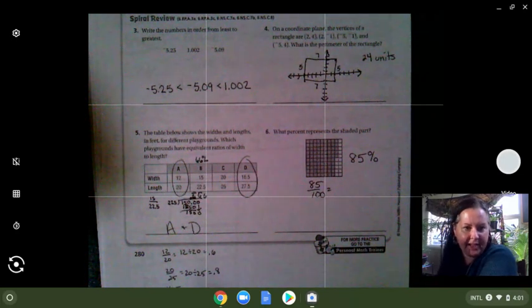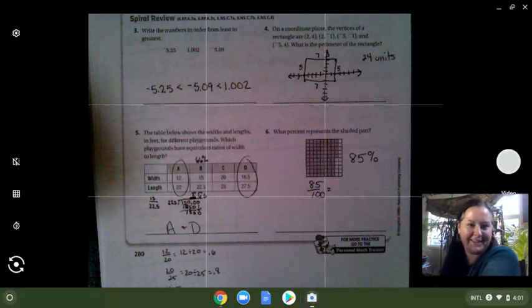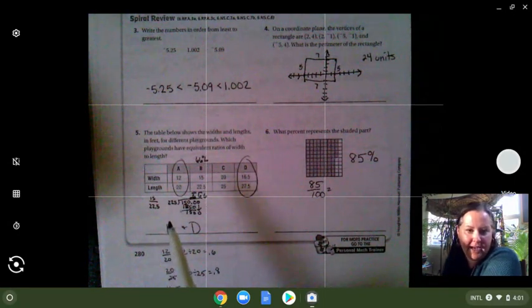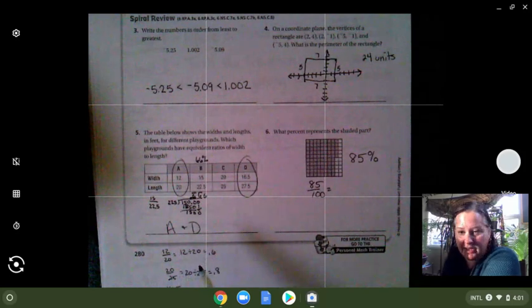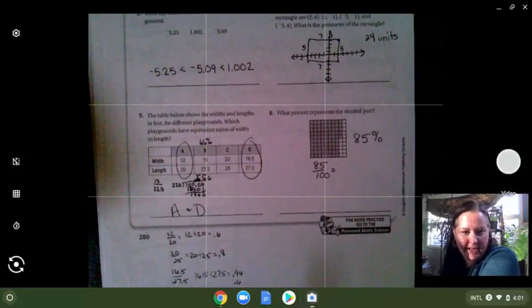Number 5 says a table below shows the widths and lengths in feet for different playgrounds. Which playgrounds have equivalent ratios of width and length? So the way I went about this was I put all of my fractions into a decimal, and you can use a calculator, taking your top number divided by the bottom number, numerator divided by the denominator, to get your decimal.